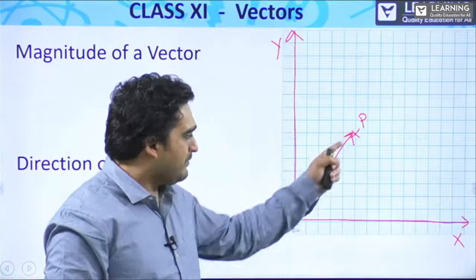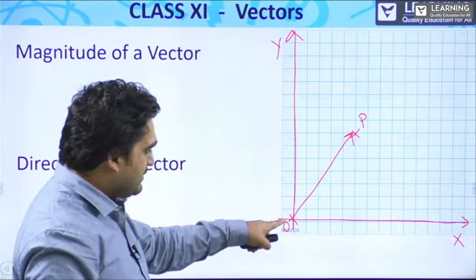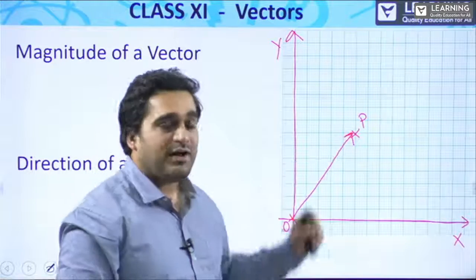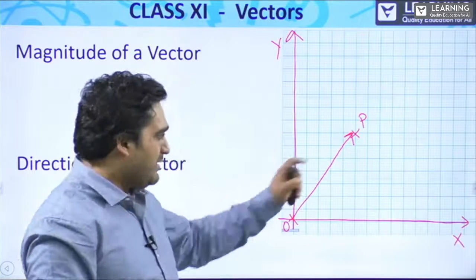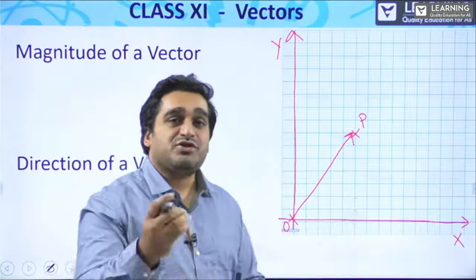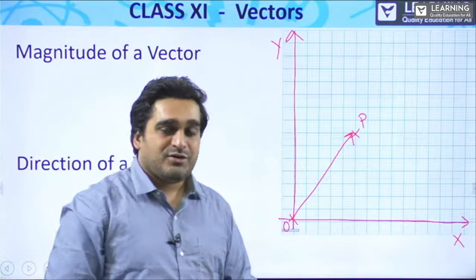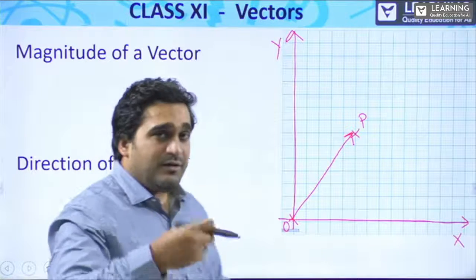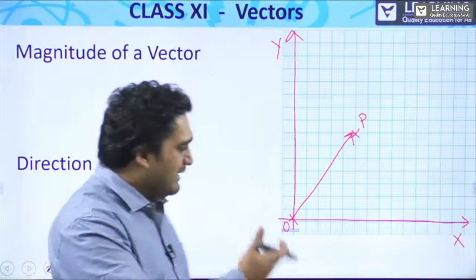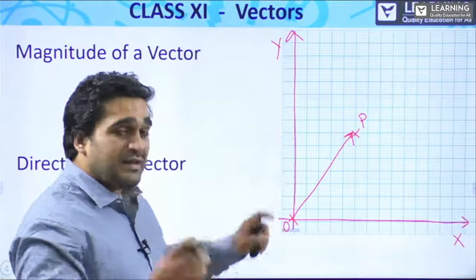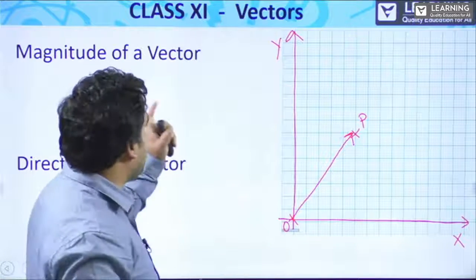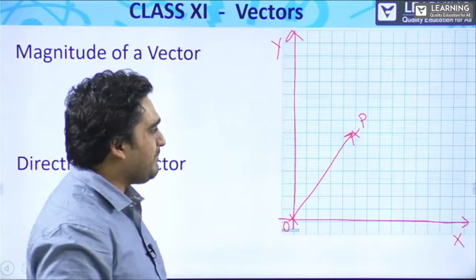This is a vector. Obviously, why is it a vector? Because it has a straight line with an arrow overhead. So it's a vector which shows the position of the object. The type of vector, we will discuss in the next section. But first, let us identify the magnitude of this vector.